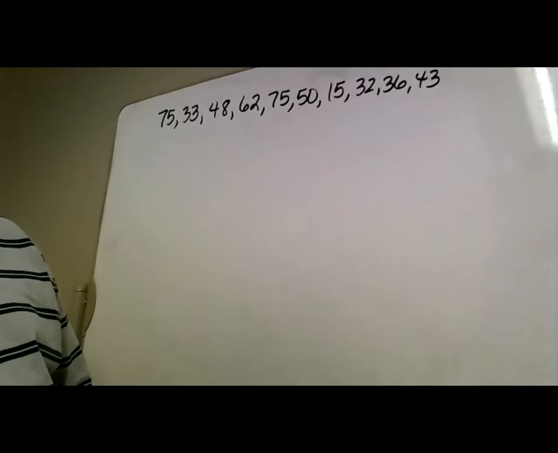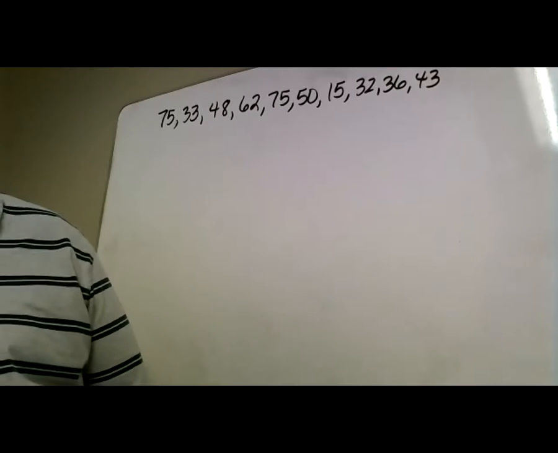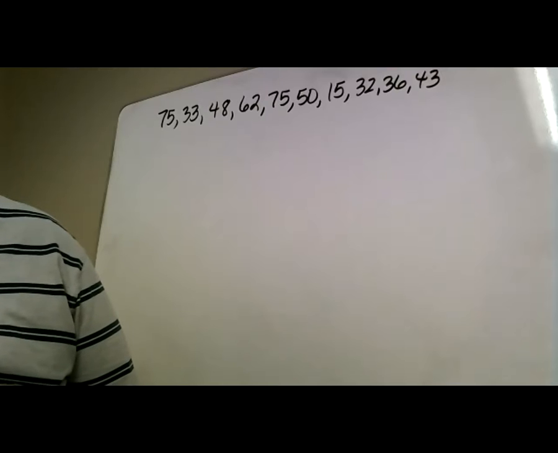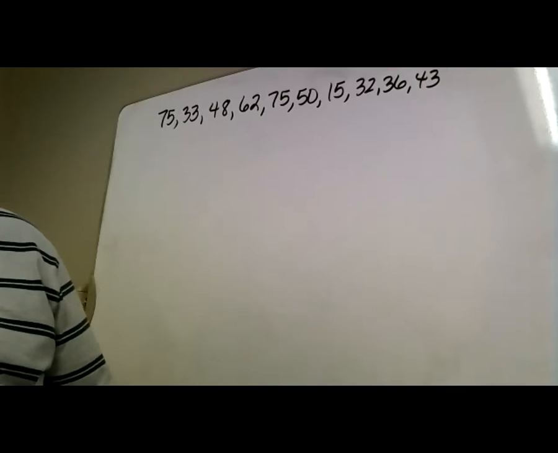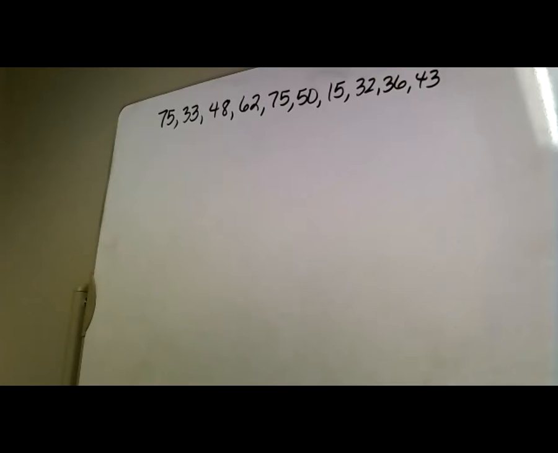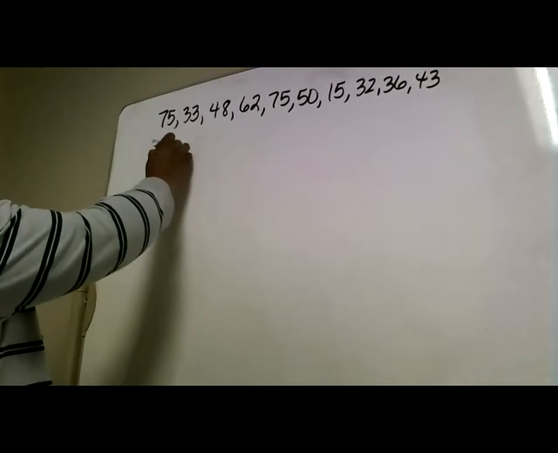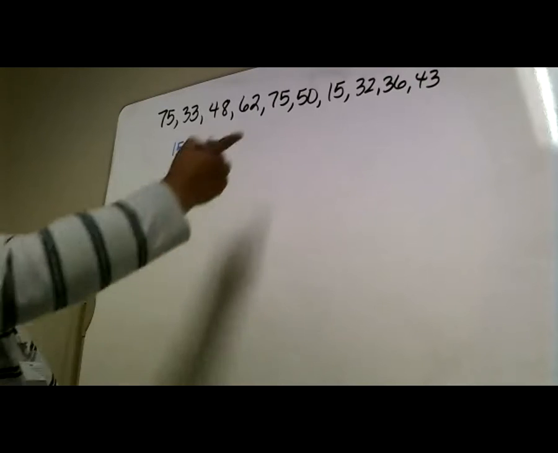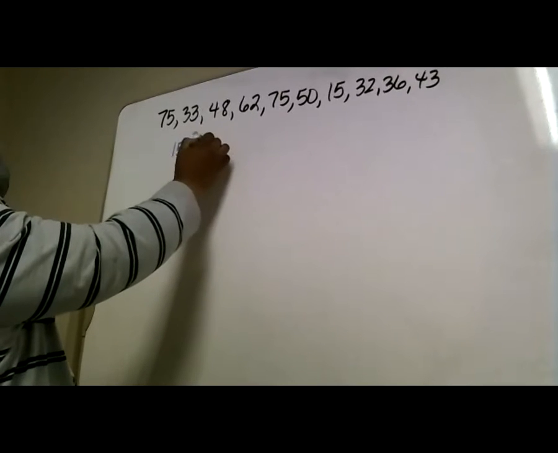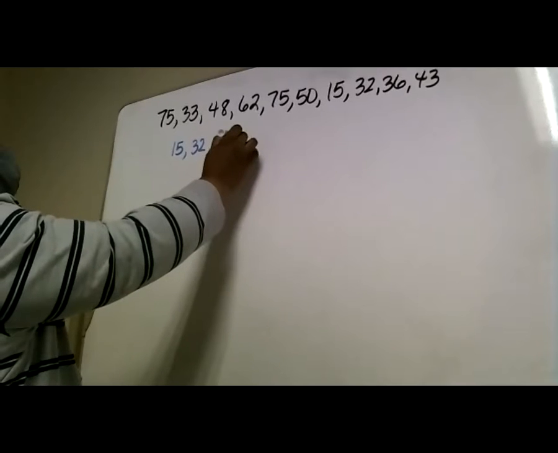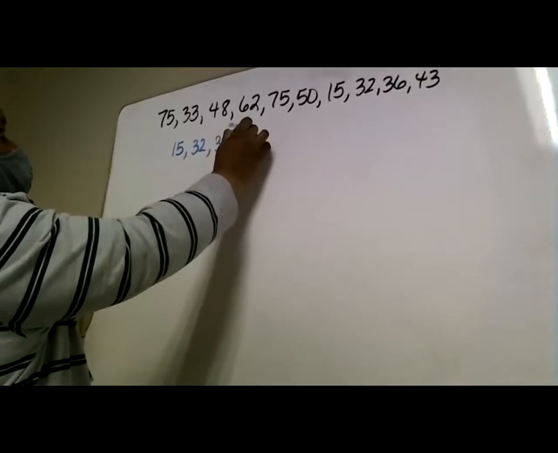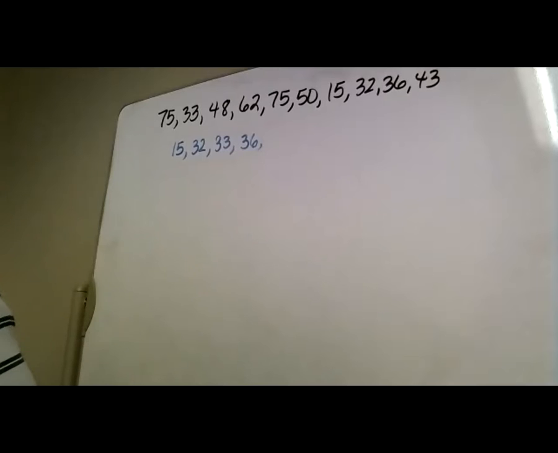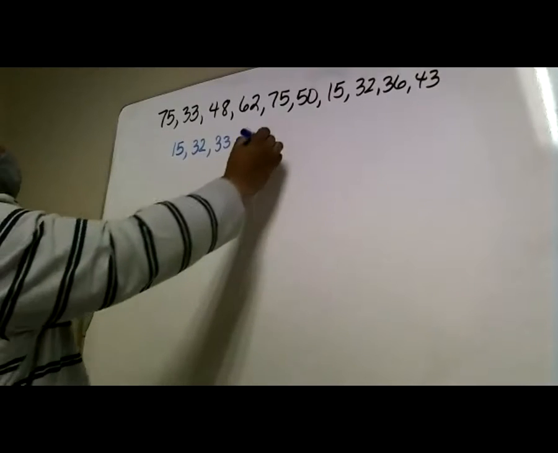Okay. So now we need to put this in numerical order from least to greatest before we do anything. All right. What is the smallest number? 15. And then what's next after 15? Looks like 32. And then what's next? 33. And then 36. And then the next one is 43.